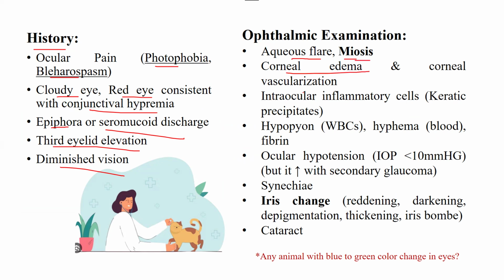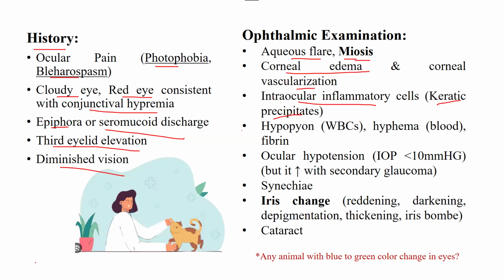Corneal edema, corneal vascularization, and intraocular inflammatory cells that are seen as keratic precipitates. Because in the previous slide we talked about how the blood ocular barrier breaks and all the WBCs, which are inflammatory cells, start to enter the eye, and these are seen as keratic precipitates because they will stick to the cornea.